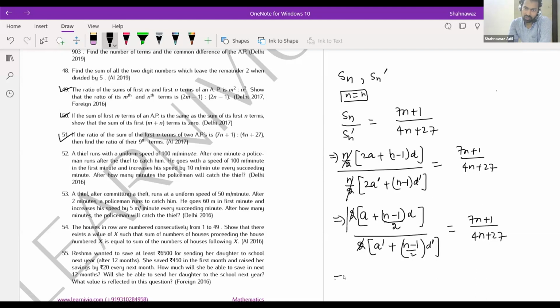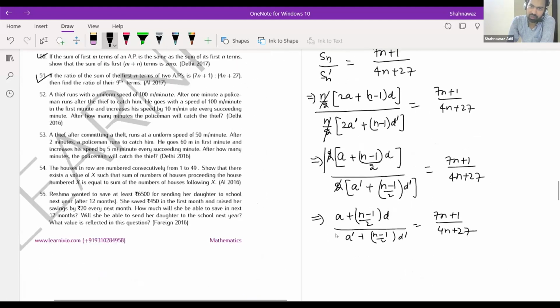So we have (a plus (n minus 1) by 2 into d) divided by (a prime plus (n minus 1) by 2 into d prime) equal to (7n plus 1) over (4n plus 27). This is the result that we have.